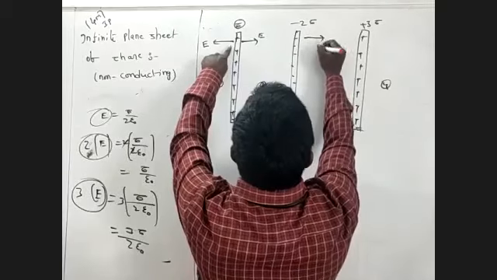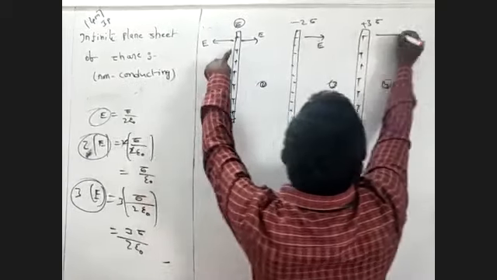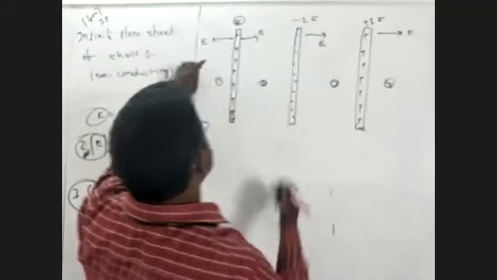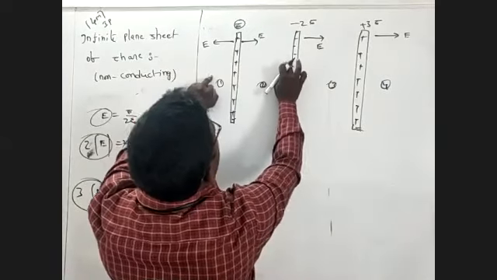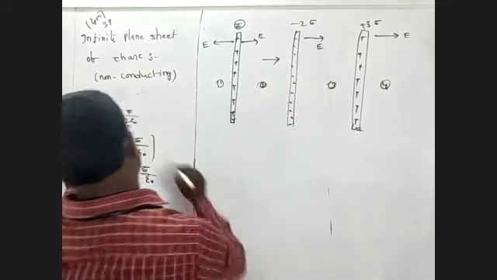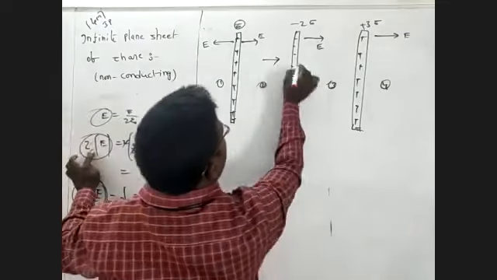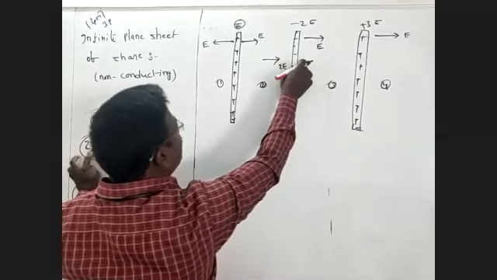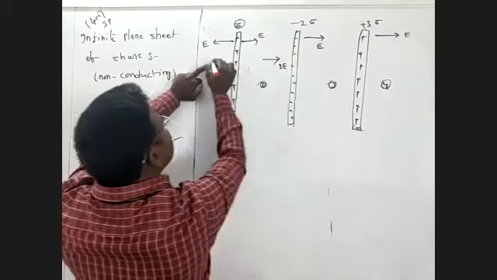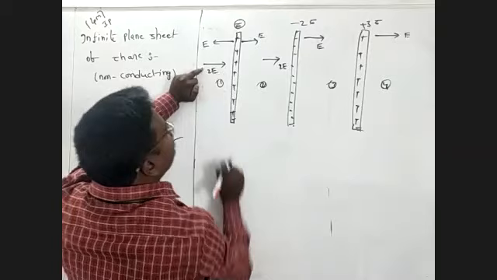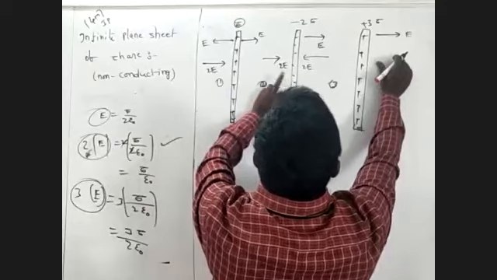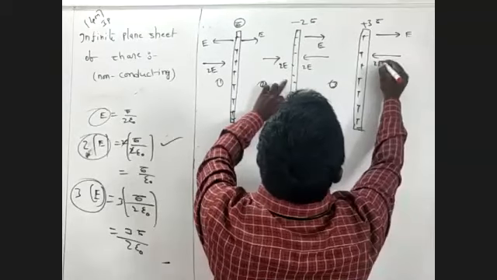We have taken 2E, and in this region the direction of electric field is also 2E. In this region, the direction of electric field for this plate is inward, that is 2E.